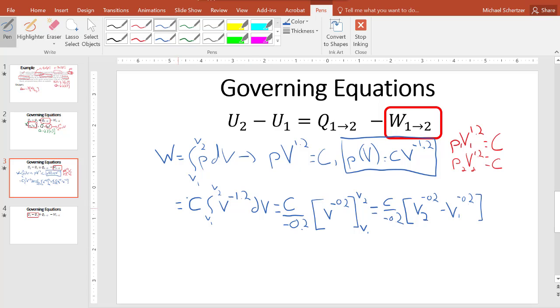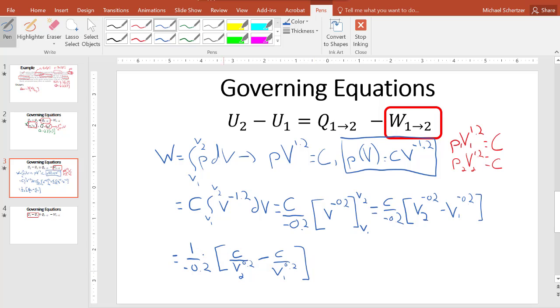So if I redo this, I can say 1 over negative 0.2 times c over v2 to the 0.2. All I did was, instead of calling this v to the negative 0.2, I just said 1 over v to the 0.2. Minus c over v1 to the 0.2.